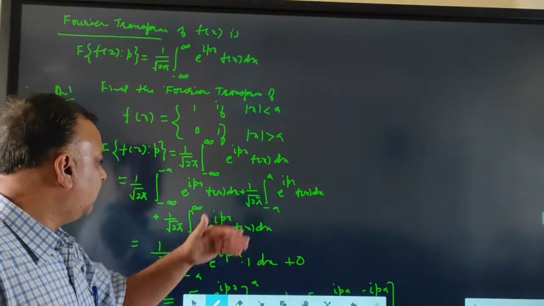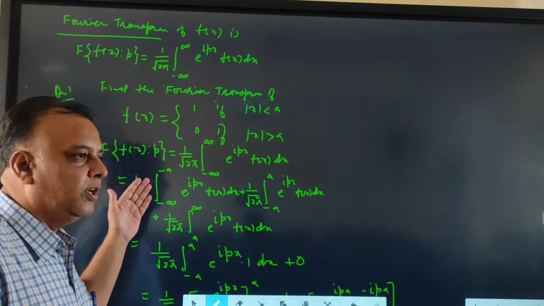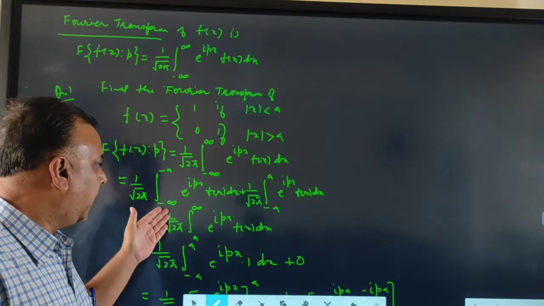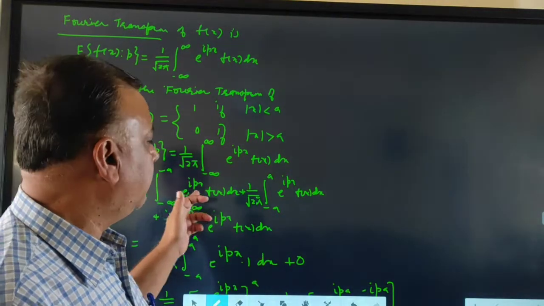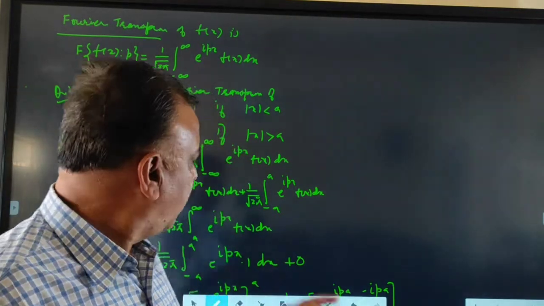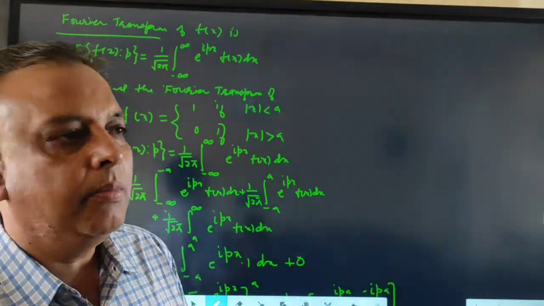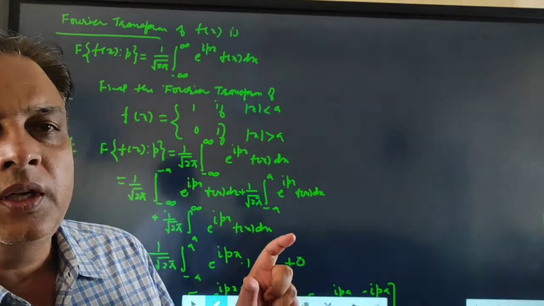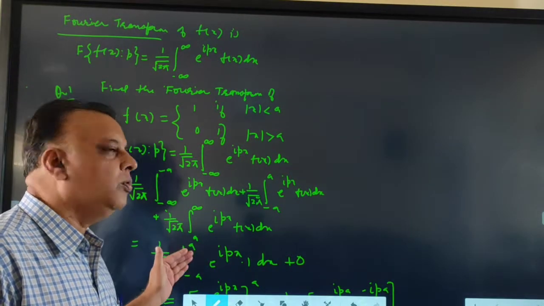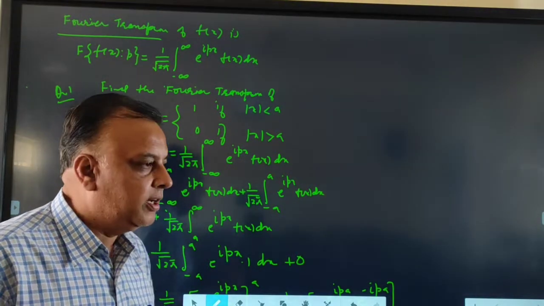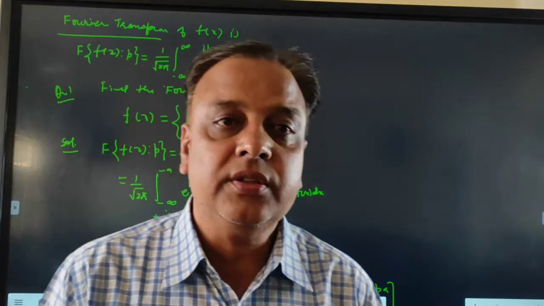So this is equal to 1 upon root 2 pi integral from minus infinity to minus a e raised to iota px f(x) dx, plus 1 upon root 2 pi integral from minus a to plus a e raised to iota px f(x) dx, and the last one is 1 upon root 2 pi integral from a to infinity e raised to iota px f(x) dx.